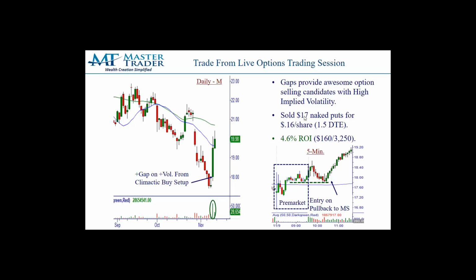So selling a $17 put means we have the obligation to buy Macy's at $17 a share on or before expiration, which was the very next day. In return for that, we got paid 16 cents a share.